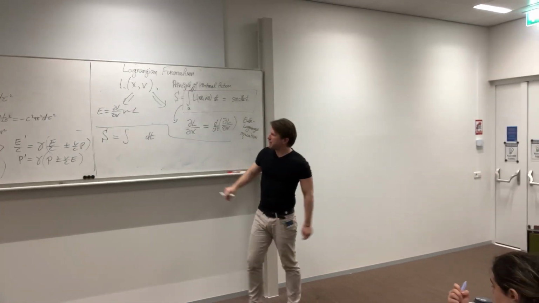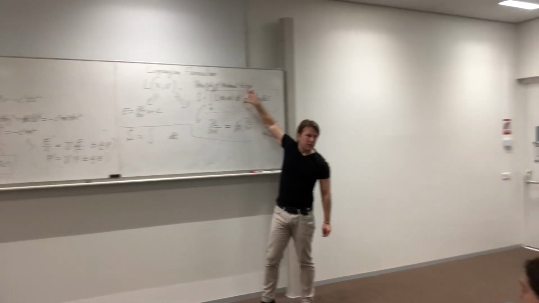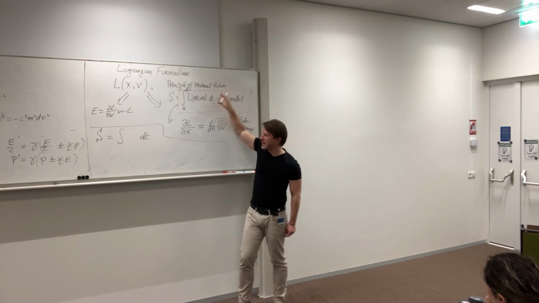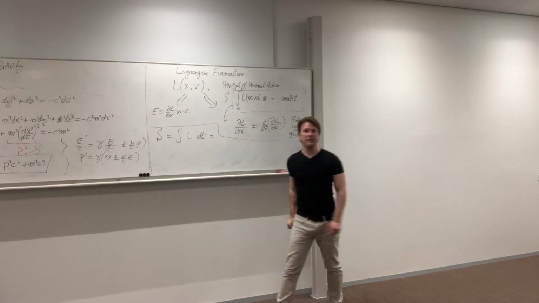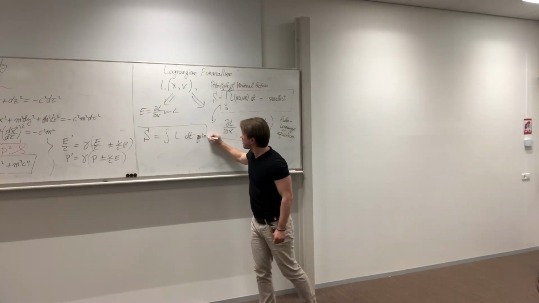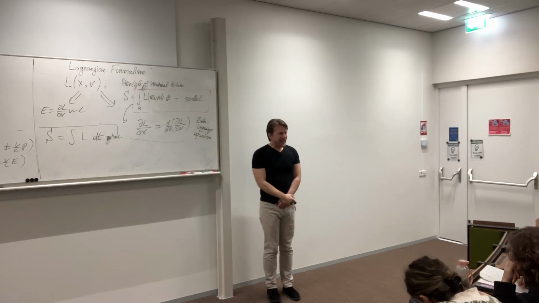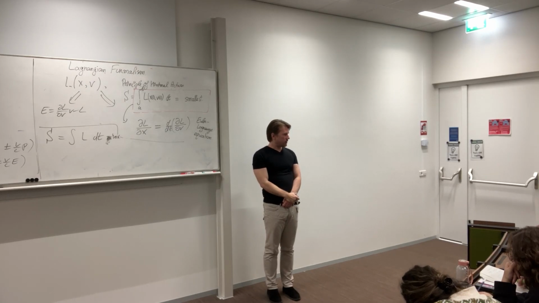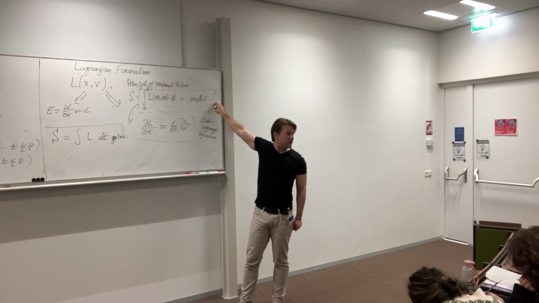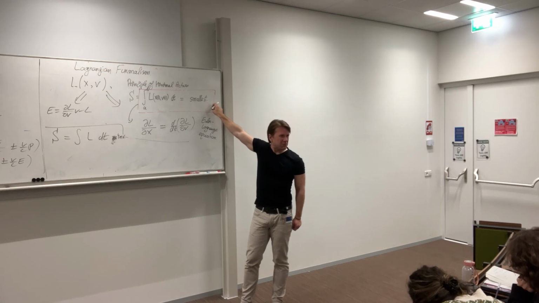Well, I get my law of physics from minimizing this integral. That's this part, yes? So if I want to have some laws of physics that behave the same in all inertial systems, I better choose the L in between, to be determined, but I better choose it such that the action, the number itself, is an invariant number. If S is not an invariant number, the smallest number in one frame is probably not the smallest number in somebody else's inertial frame.